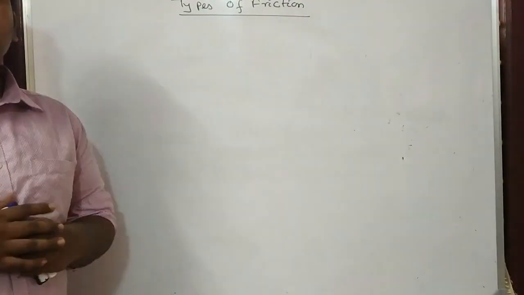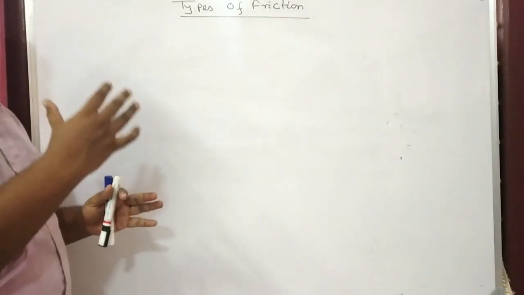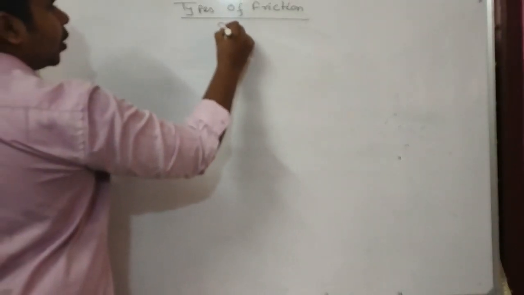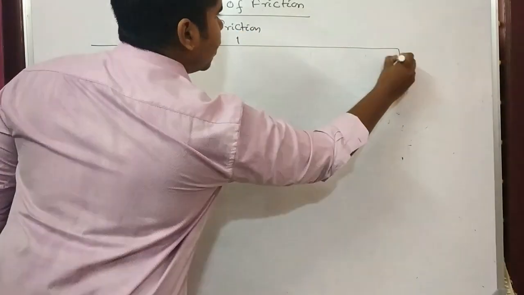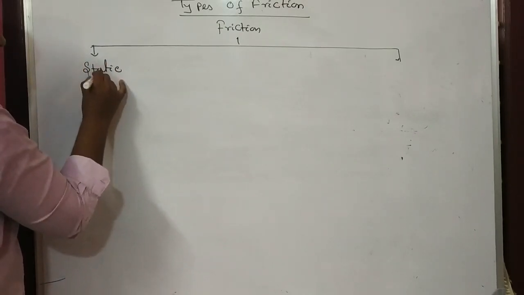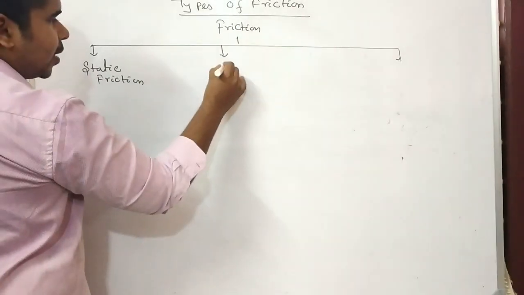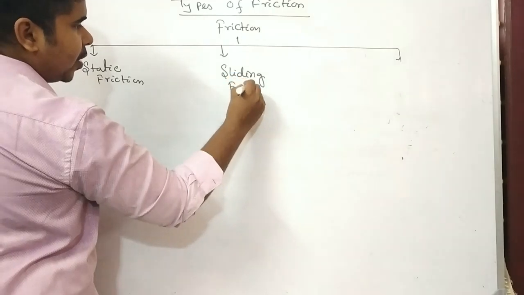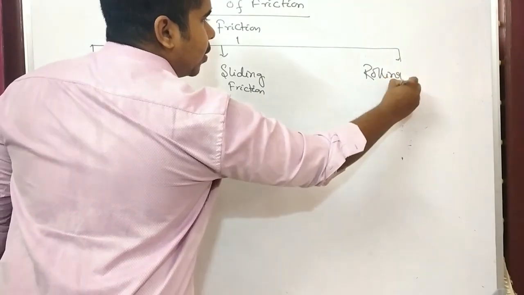Now, depending on the moving body, we can take three types of friction. Let's start one by one. The first one is known as static friction. Then sliding friction, and the last one is rolling friction.